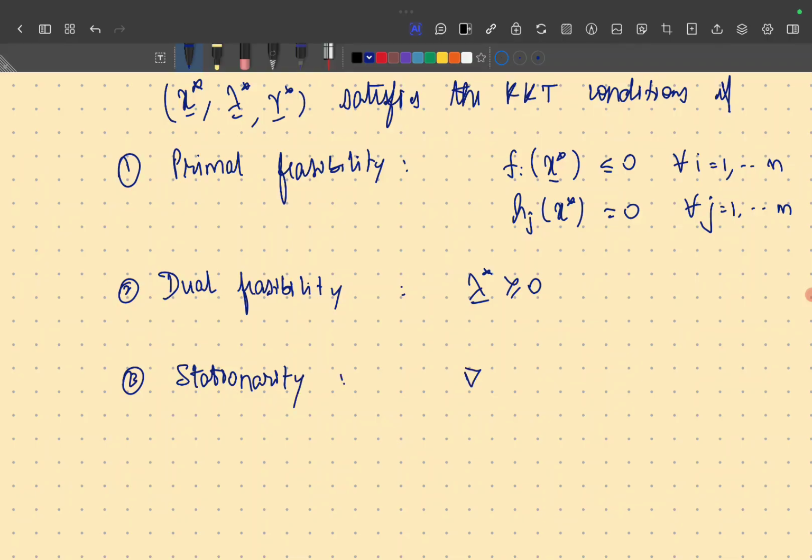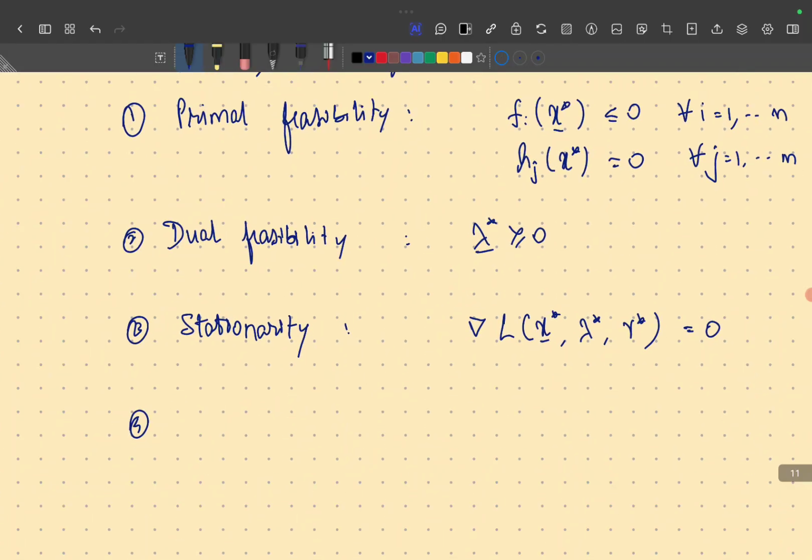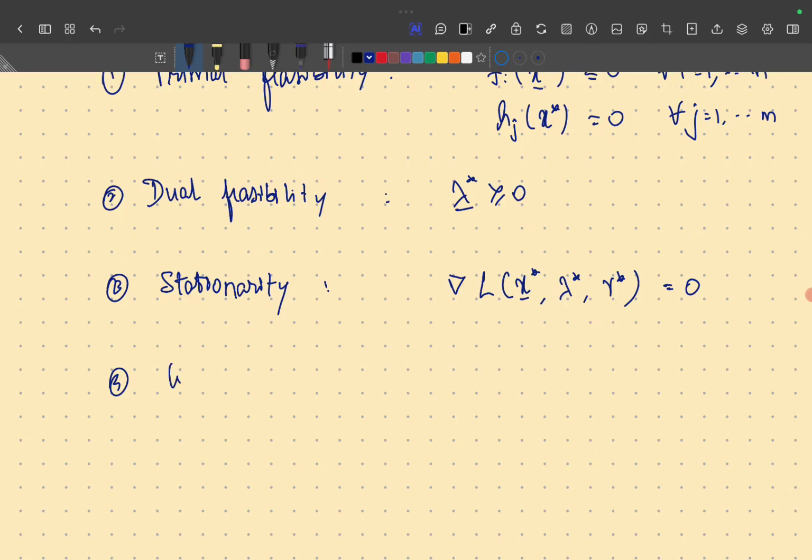That is, the gradient of the Lagrangian evaluated at x star, lambda star, nu star should be equal to 0. So take the partial derivatives with respect to each xi, each lambda i, and each nu j. They should all be equal to 0. Okay, this is kind of expected, but the most subtle and perhaps one of the most important conditions is the so-called complementary slackness condition.